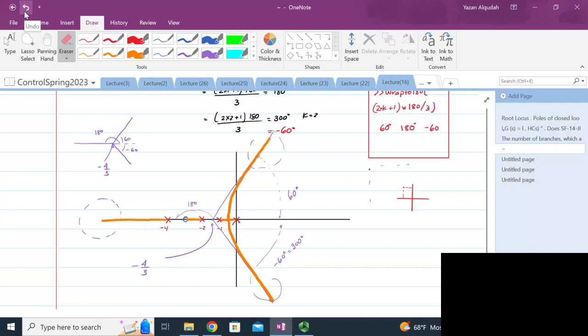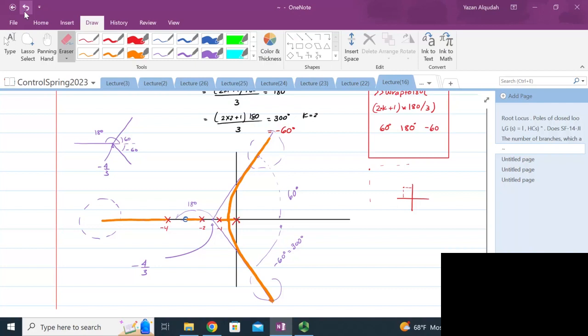However, what we should already know is that the root locus starts at the pole and ends at the zero. So when I look here, and I have a pole and a pole, it's going to bother me, isn't it? Because we said it's going to start at the pole and end at the zero. No, I'm not going to start here and here.